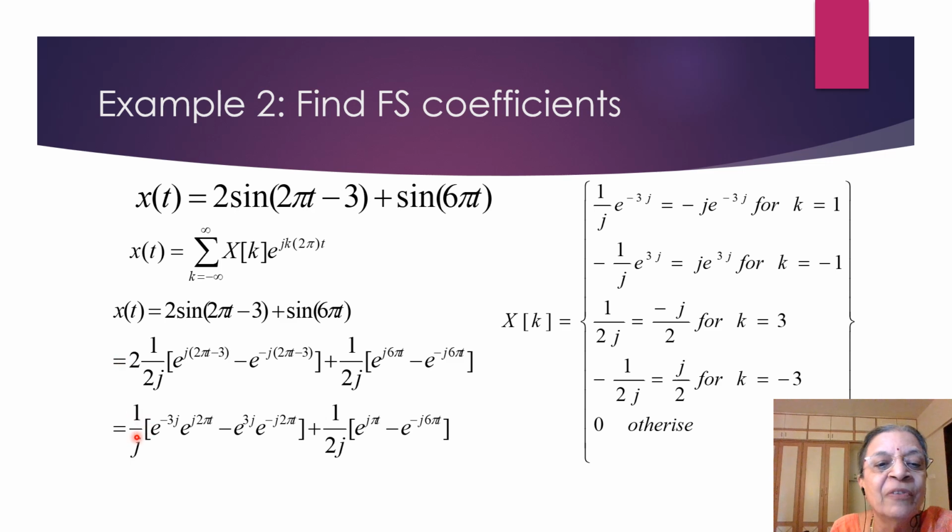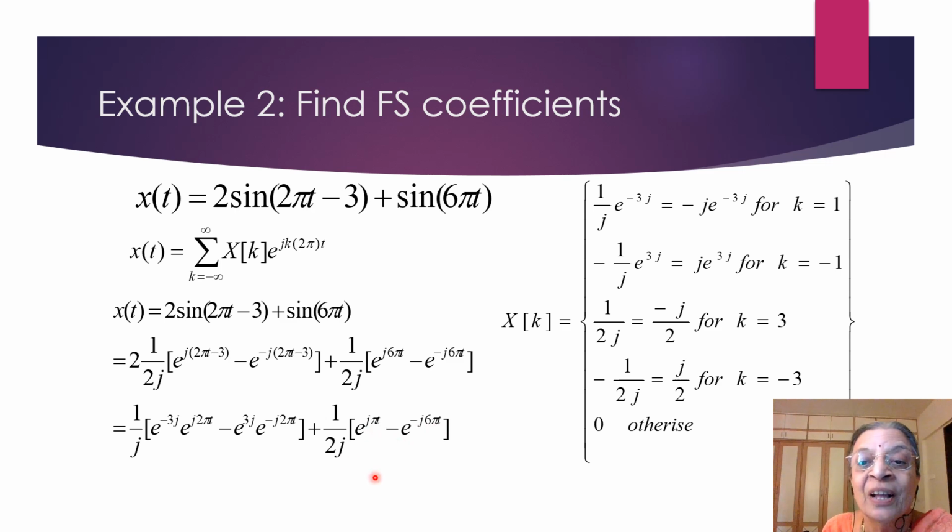So if I simplify 1 upon j, e raised to minus 3j, this is the constant term, and e raised to j 2 pi t, minus e raised to 3j, this is the constant term, and e raised to minus j 2 pi t, this is for the fundamental, plus 1 upon 2j into e raised to j 6 pi t minus e raised to minus j 6 pi t.